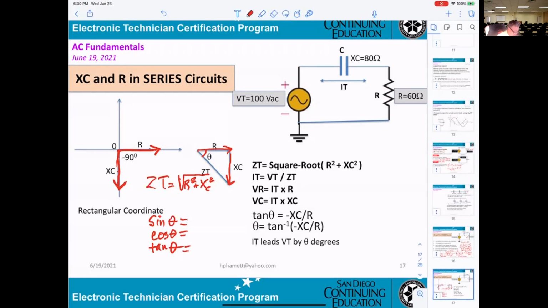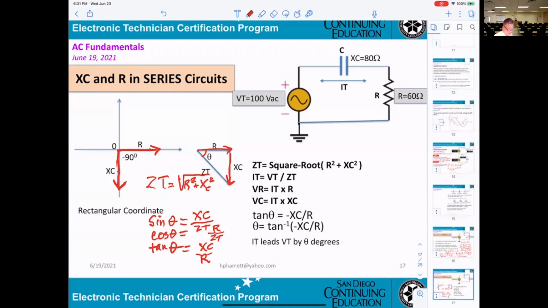Sine theta, the sine of the angle theta here, equals XC over ZT. How about cosine? R over ZT, R divided by Z total. How about tan theta? XC over R, yeah, that's a tangent. This is a formula you must know. We don't care how you get that.